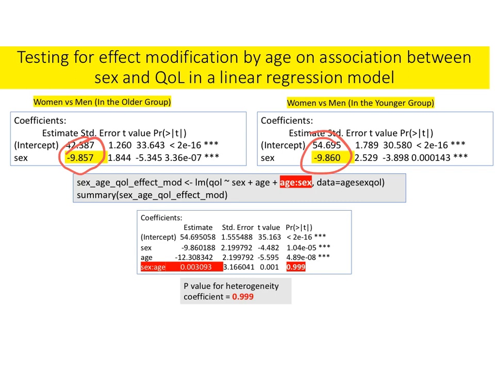If you test this using a coefficient to test for effect modification, or heterogeneity in this association, you see also a very large p-value, which means also absence of effect modification.